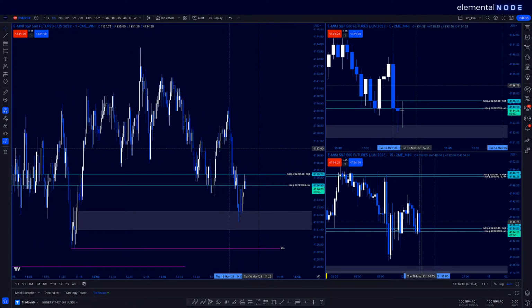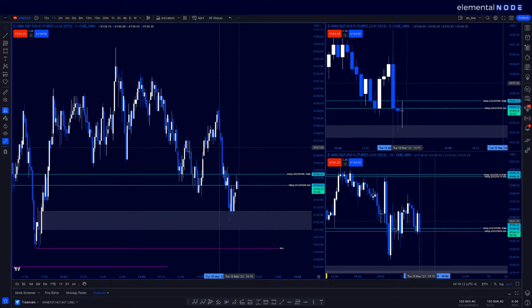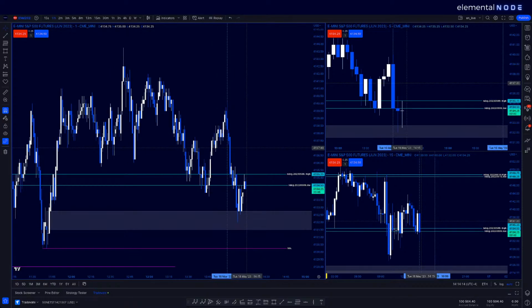Okay, let's see if premium arrays or discount arrays want to be respected. Wanted to reprice aggressively downward if it's going to take out this sell side.